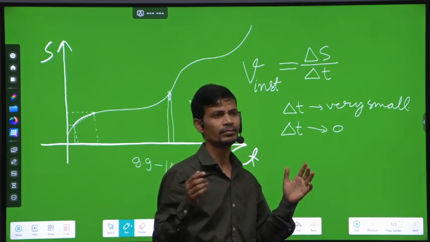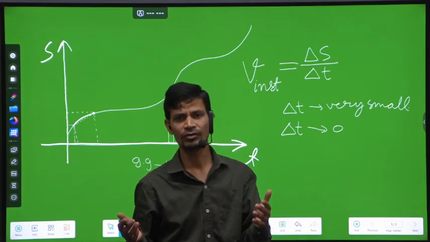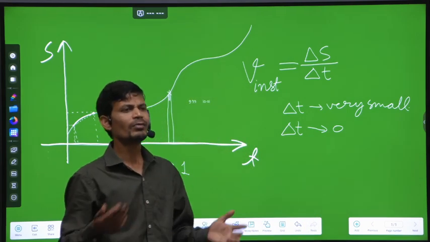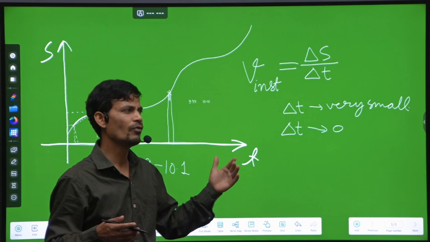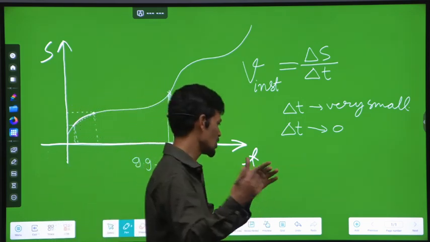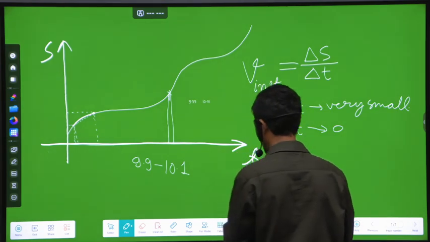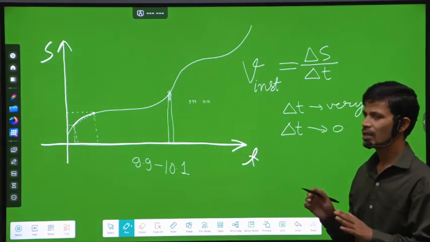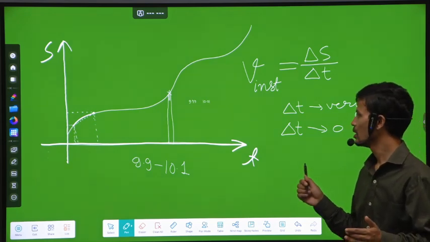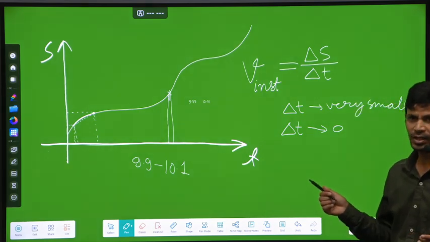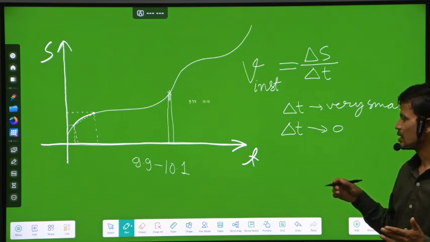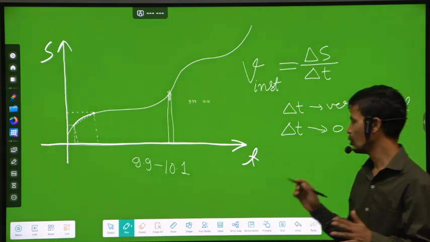This problem came into the mind of Newton, and he developed a new kind of mathematics. I'm not explaining how it comes, because you are going to study it in mathematics in class 12th. I am just summarizing some of the formulae which are used in such situations, and what we are going to use next.